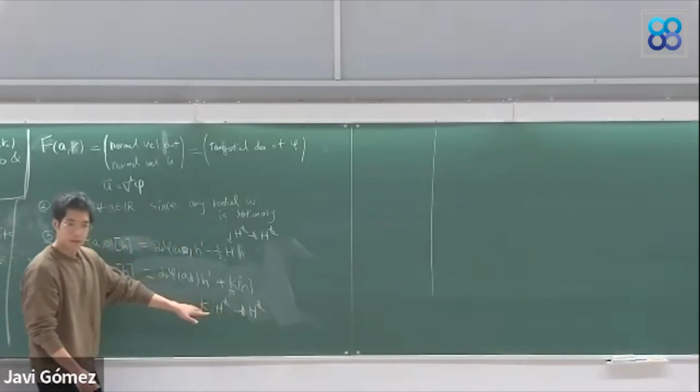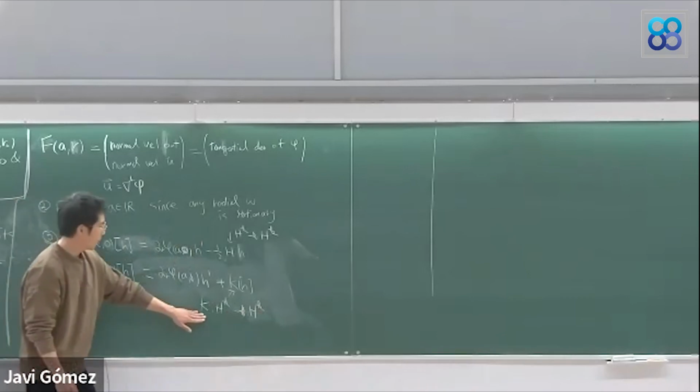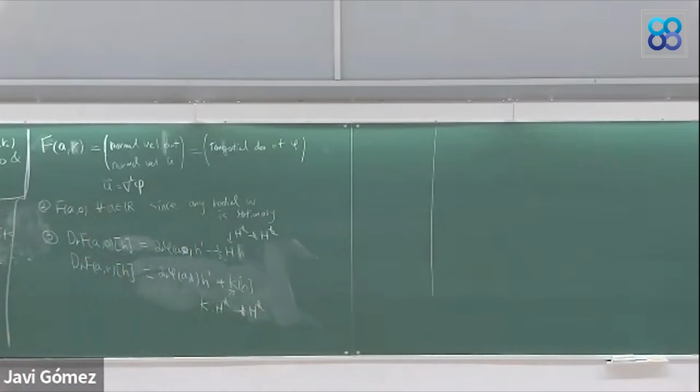Does that make sense? So this K part is going to be our L2. L2 is a bounded operator, I'm going to write as a map from h^k to h^k.